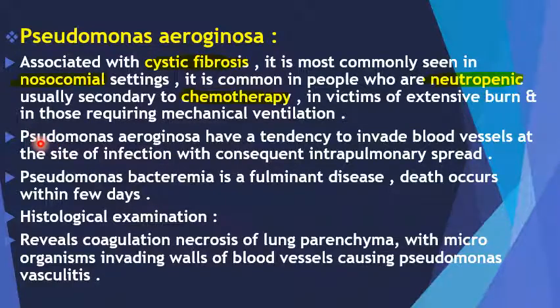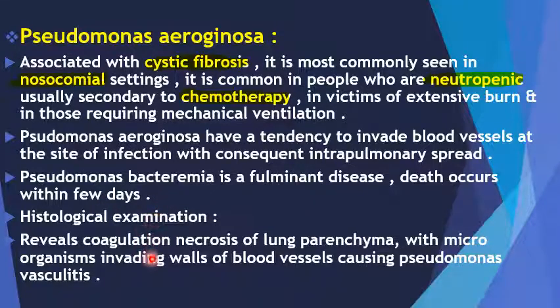The characteristic feature of Pseudomonas aeruginosa is a tendency to invade blood vessels at the site of infection, with consequent intrapulmonary spread. Pseudomonas bacteremia is considered a fulminant, severe disease, and death occurs within a few days.